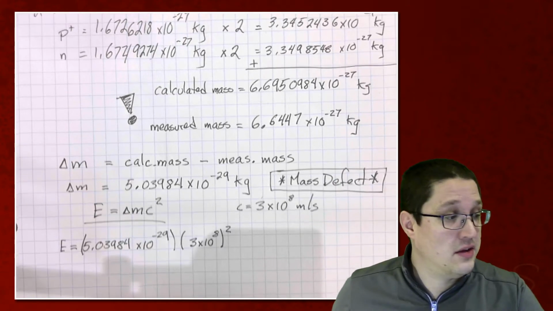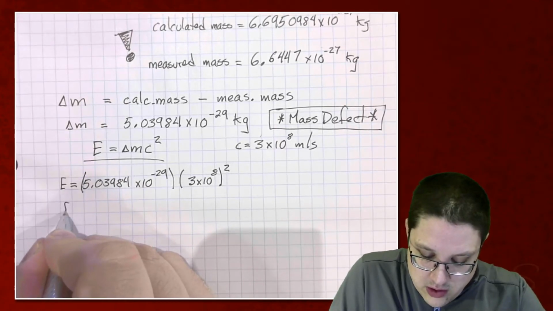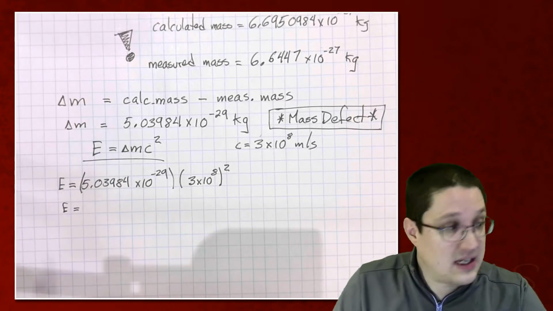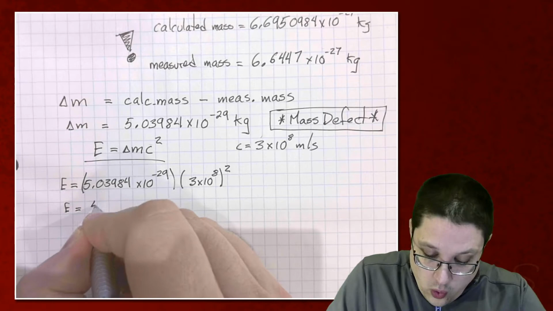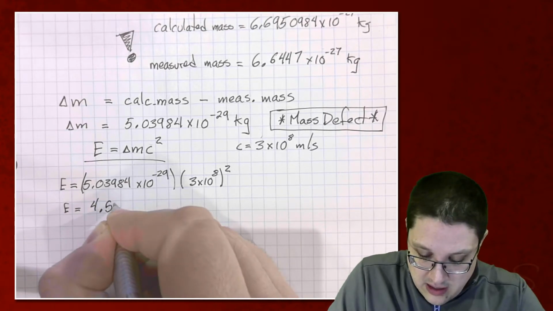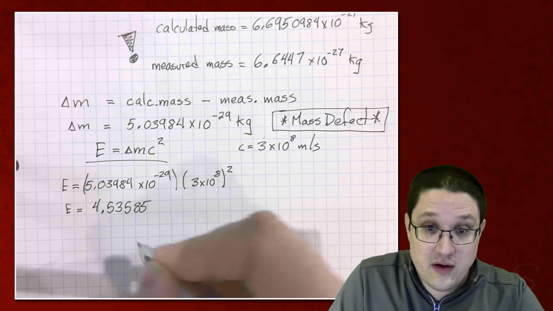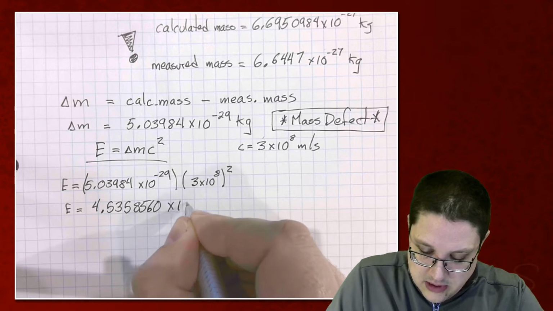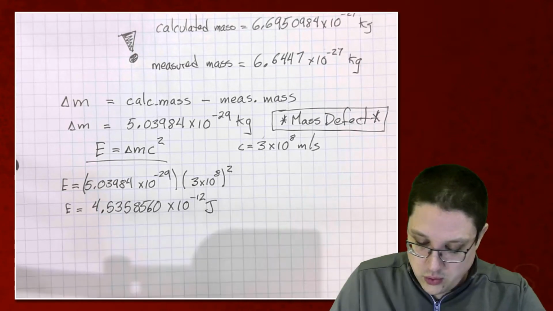Be careful with your BEDMAS on this one. Make sure that you do that squaring first. And what I work out to here is the energy. If I convert this missing mass into energy, I get 4.5358560 times 10 to the negative 12 joules.